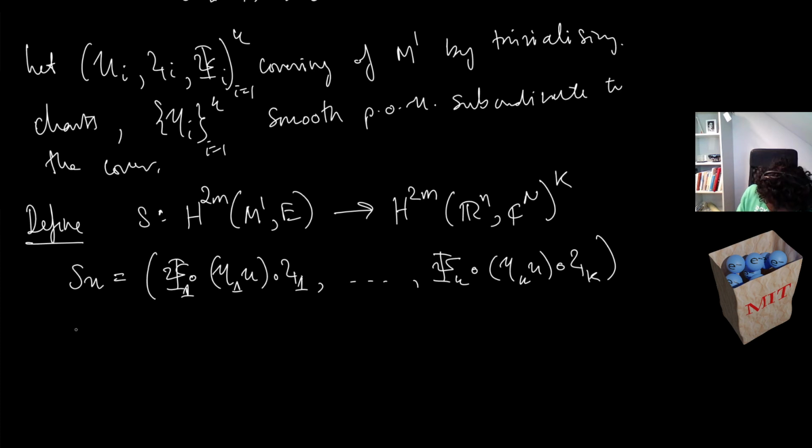So now, let me write the retraction. Now I have elements from k copies of H^{2M}. And what I'm going to do is simply take the sum i equals 1 to k of psi_i inverse composed with v_i, and then I'm going to multiply by eta_i.